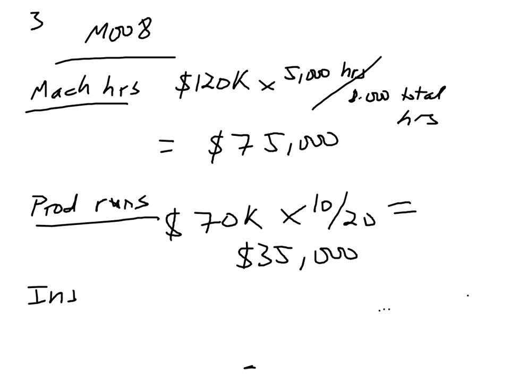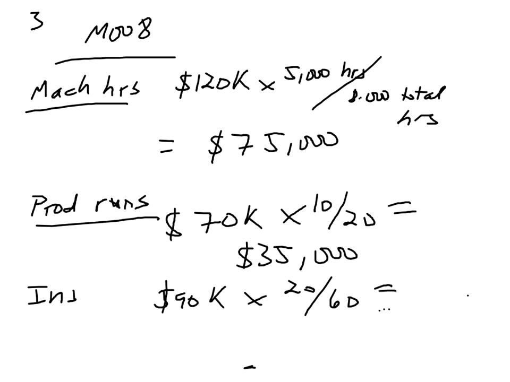the total cost for inspections was 90,000, and this was the total cost for both product lines. Now there were 20 inspections that related to our product line out of the 60 total inspections. So 20 over 60, that's a 1/3.